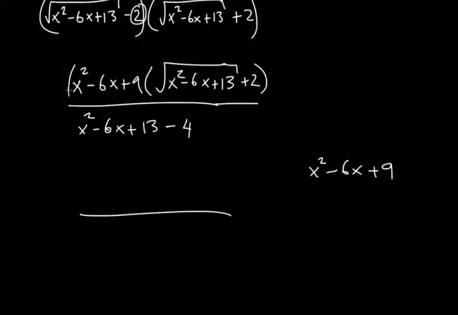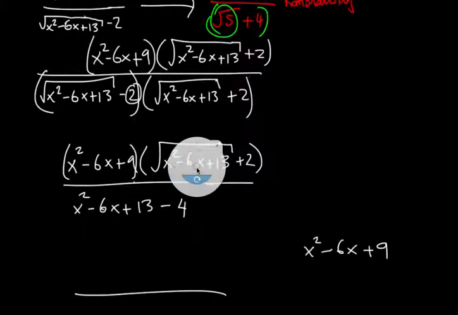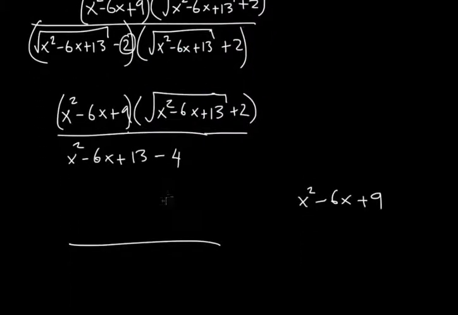I've got x squared minus 6x plus 9. I should have put that into brackets. It's bad of me. It looks like only the 9 is multiplying by that bracket, but it's actually not true. So hopefully you noticed that I made that blunder. That needs to be in brackets, because I'm multiplying all of what was there before by this new thing, right? So that all needs to be in brackets.